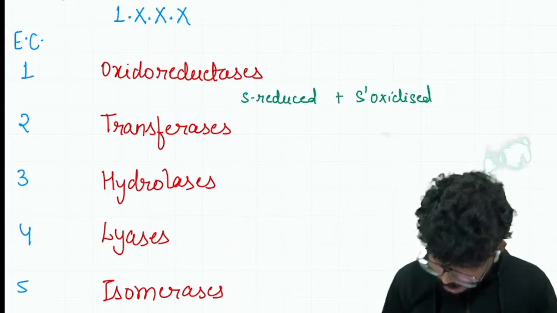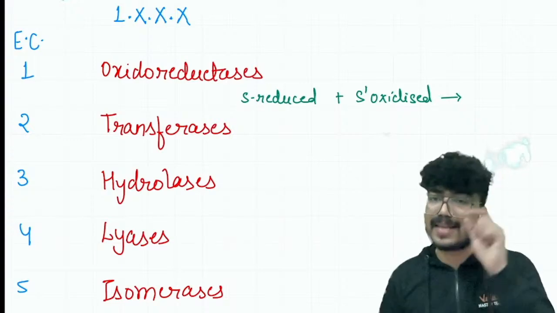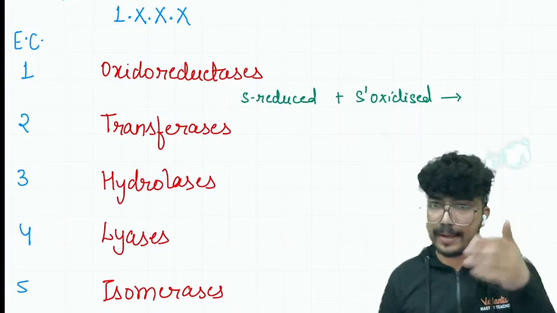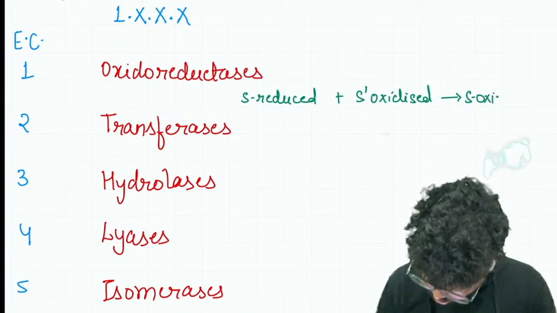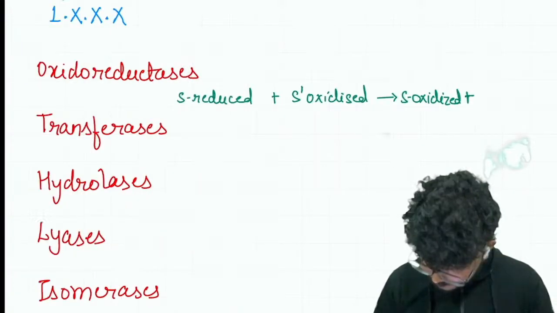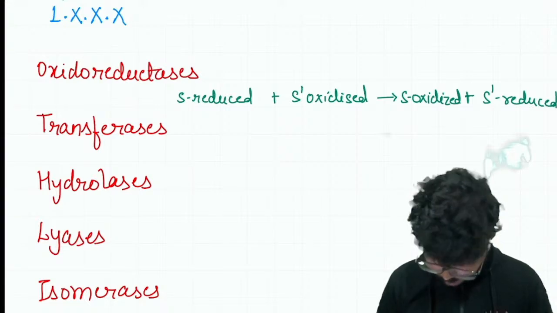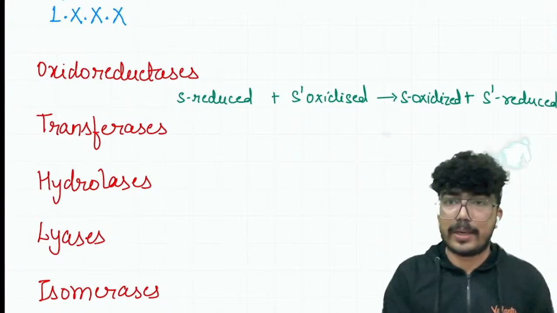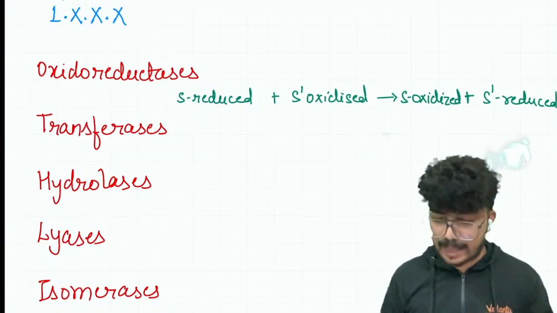How will the redox reaction look? S reduced will get oxidized, and S dash, present in the oxidized form, will get reduced. So this is about the oxidoreductases. I will tell you about some examples, don't worry.